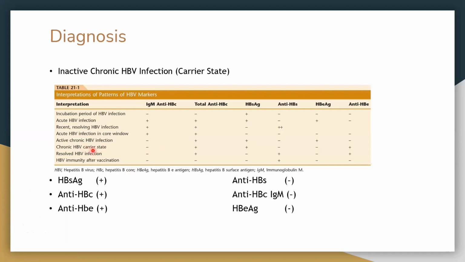So chronic HBV carrier state: a negative IgM anti-HBc, positive total anti-HBc, positive HBsAg, negative anti-HBs, negative HBeAg, and a positive anti-HBe.